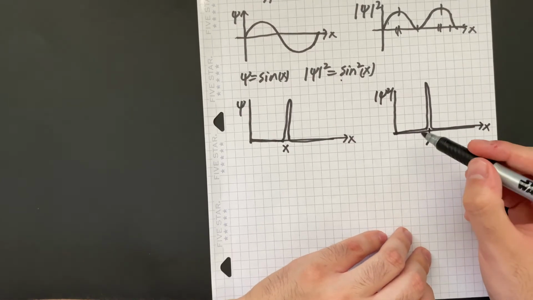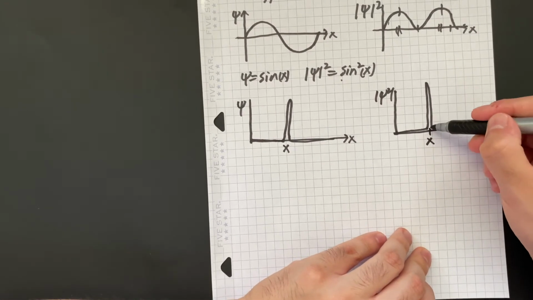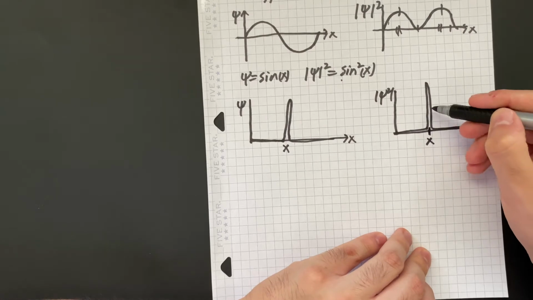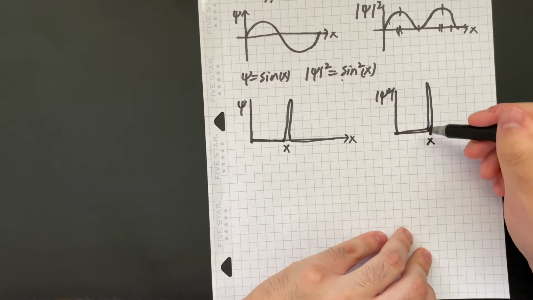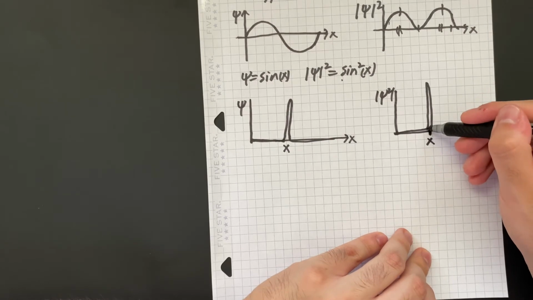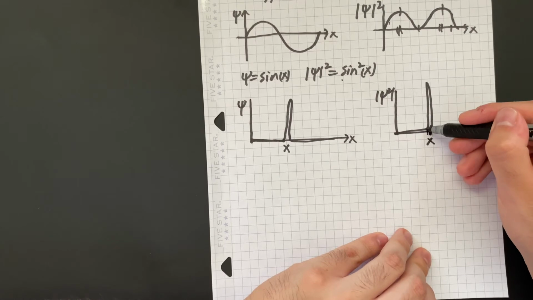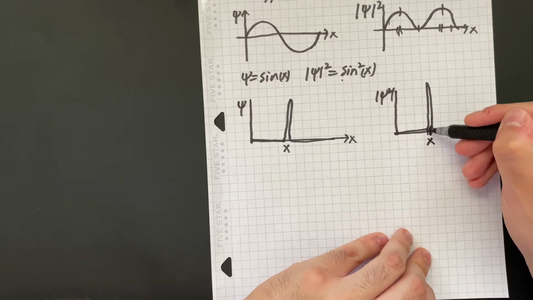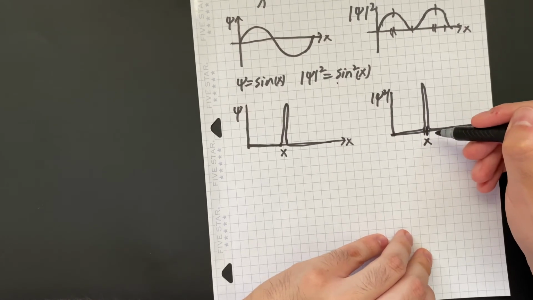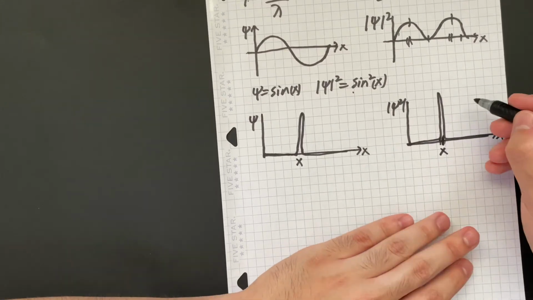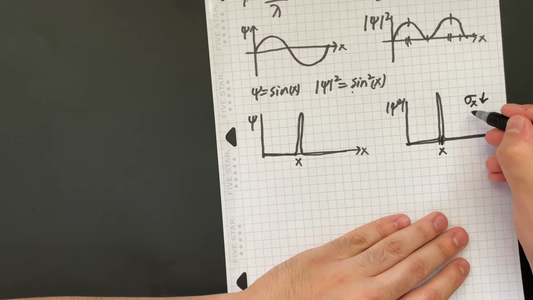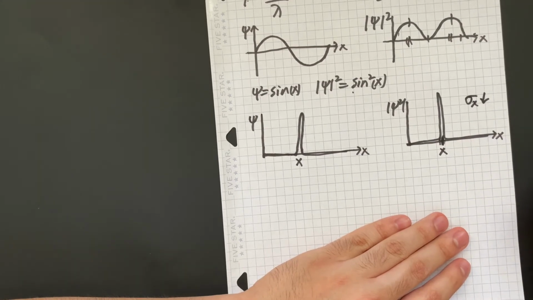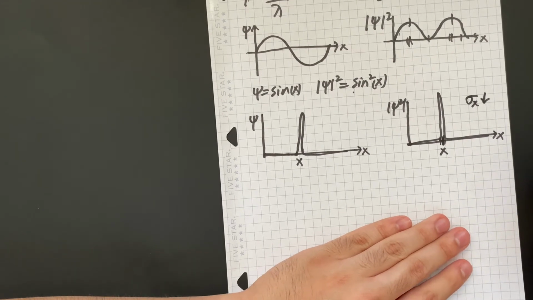That means we're pretty certain that we're going to find x right here. Almost 100% certain if this is a real delta function, but we'll just pretend it's very, very spiked right here. Maybe you could get a little bit out here, a little bit out here, but it's very certain right here. So that means sigma x is very low. We have almost no variance in our x variable. But what's the wavelength of this?